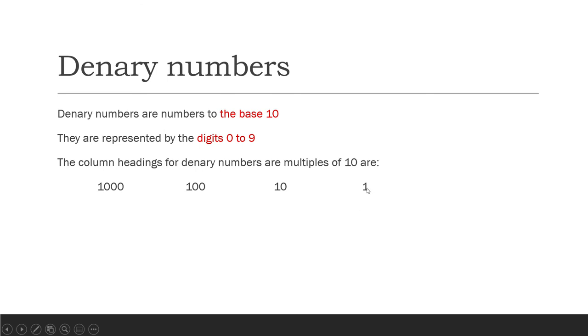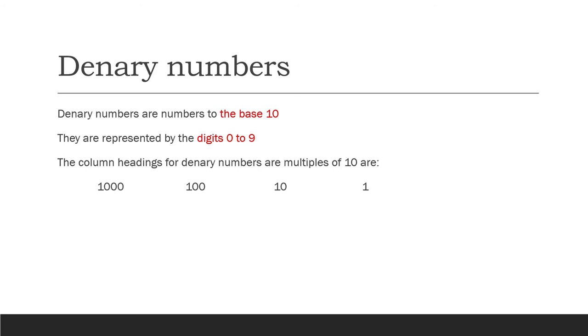And for those of you that are mathematically inclined, you'll notice each of these columns is 10 times the previous one. In other words, these are powers of 10. So 10 to the power 0 on the right hand side, 10 to the 1, 10 to the power 2, so 10 times 10, 10 to the power 3, 10 times 10 times 10. And all number systems work along that same principle.